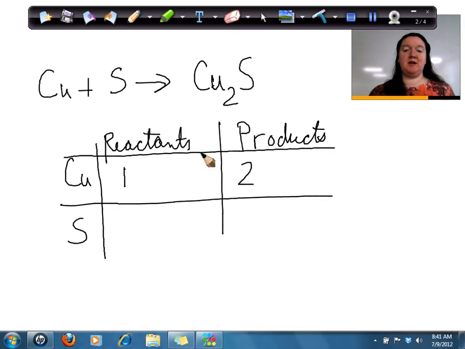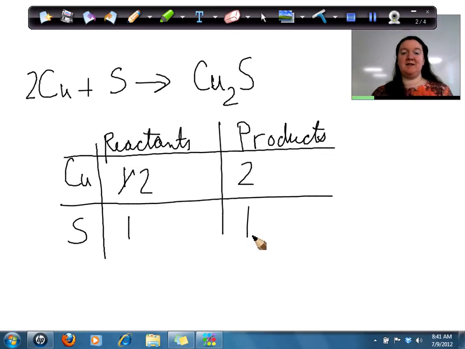So I need to put a coefficient of 2 in front of my copper to be able to balance out my copper. If I look at my sulfur, I have 1 on the reactant side, and I have 1 on my product side, so that is now balanced by adding a 2 in front of the copper.